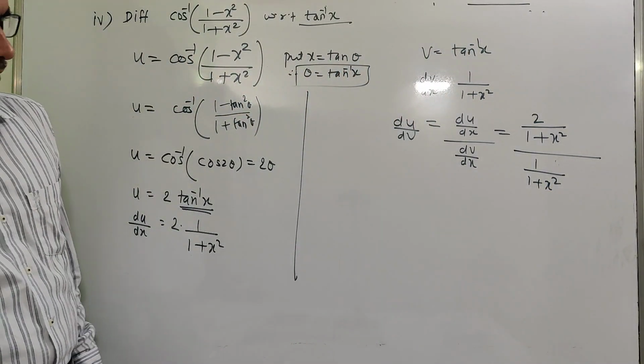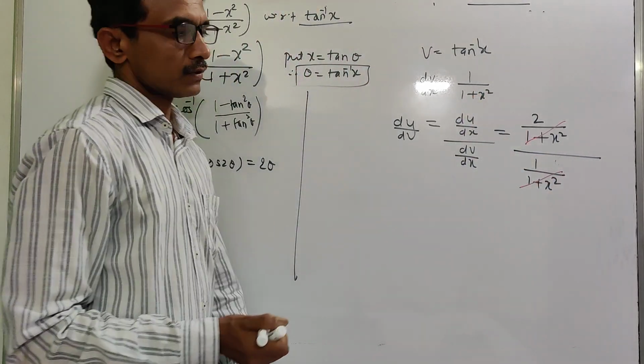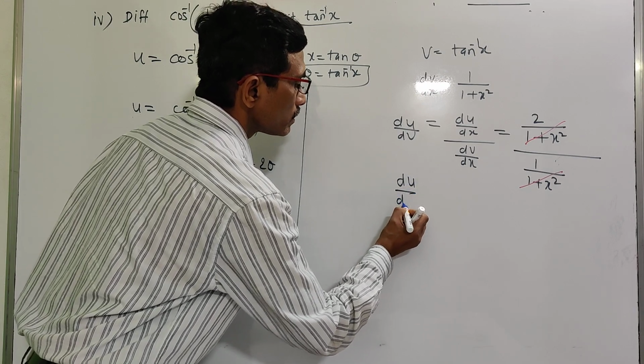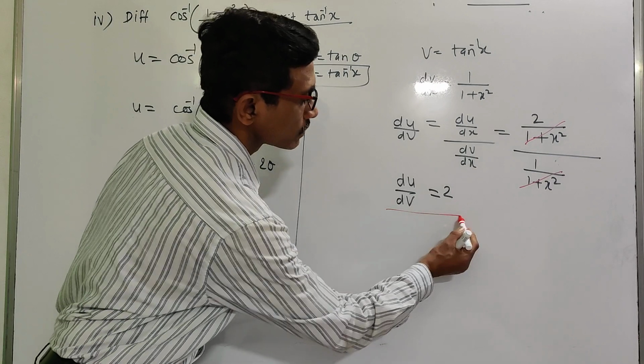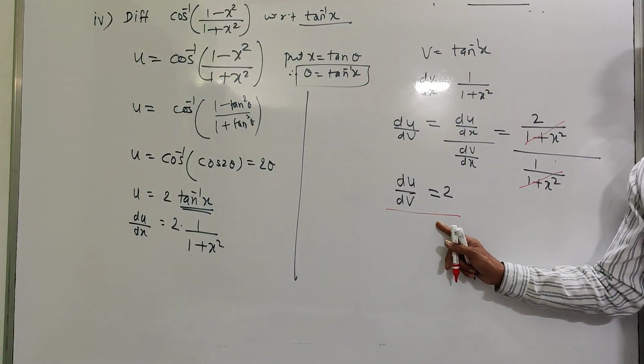So 1 plus x square gets cancelled, and we get du by dv is equal to 2. This is the required answer.